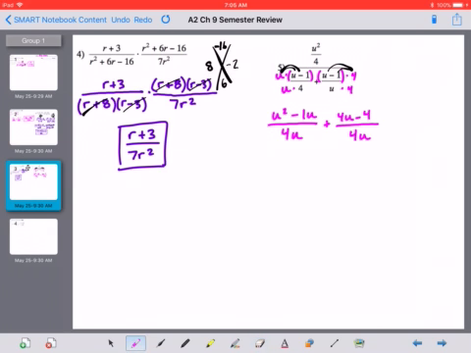So now that we have a common denominator, we can add these fractions. I'm looking for any like terms in the top. So I have u squared, and then notice I have negative 1u plus 4u. So that's going to give me a positive 3u, and I have the minus 4. And that will all be over 4u.